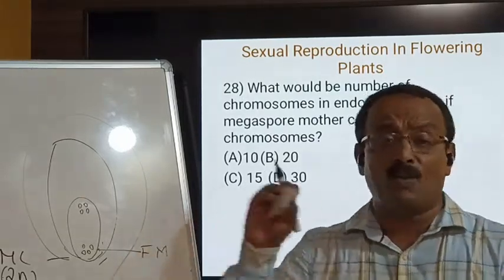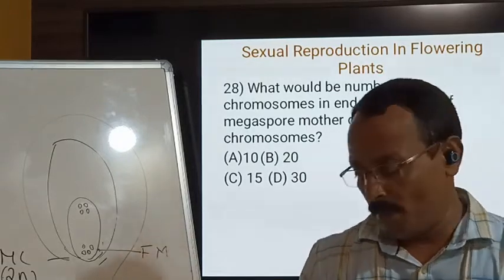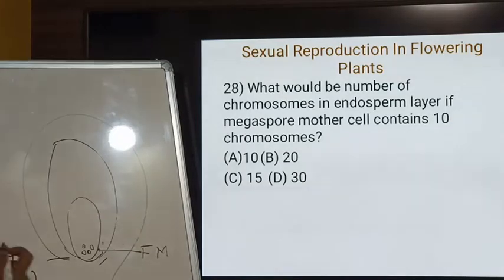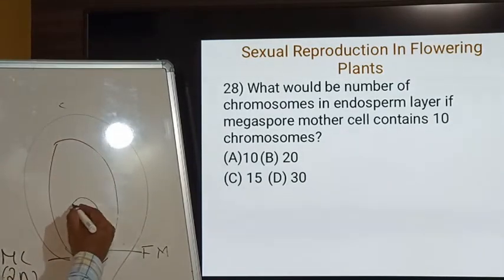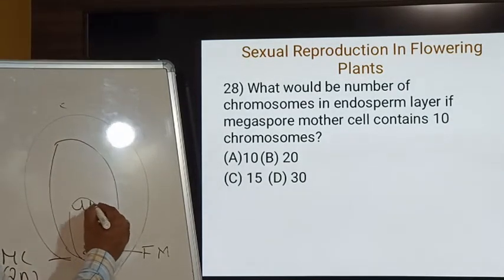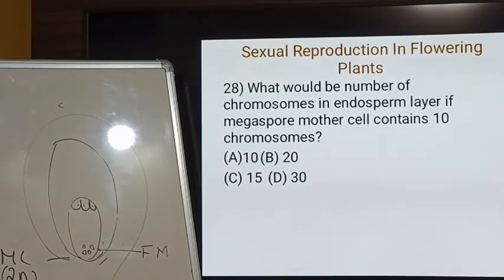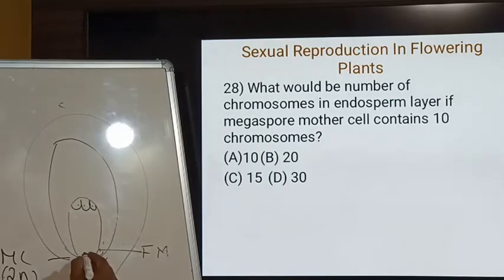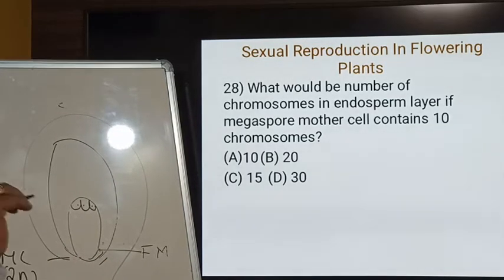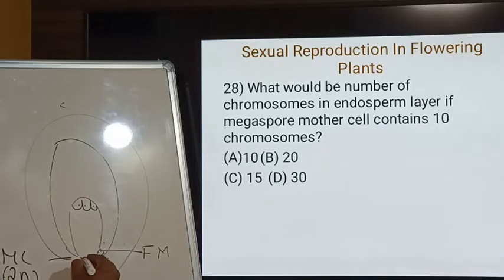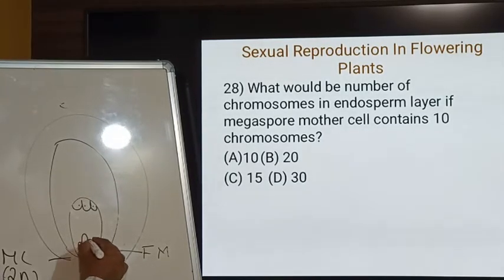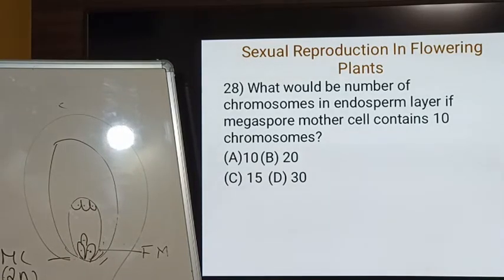Later, this nucleus starts depositing the cell wall. So those 3 nuclei present towards the chalazal end become 3 haploid antipodal cells, and the 3 haploid nuclei formed from the single functional haploid megaspore cell develop into 2 haploid synergids and 1 egg cell or female gamete, together called the egg apparatus.